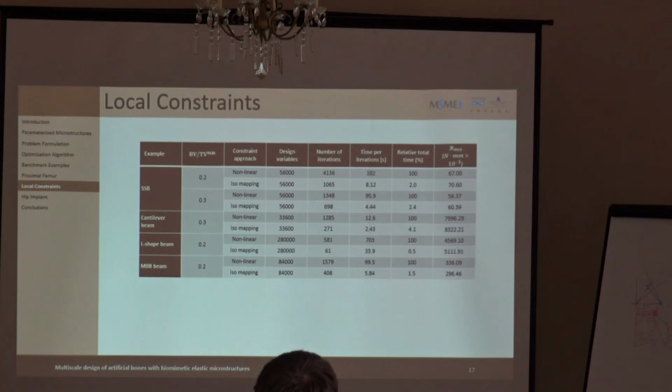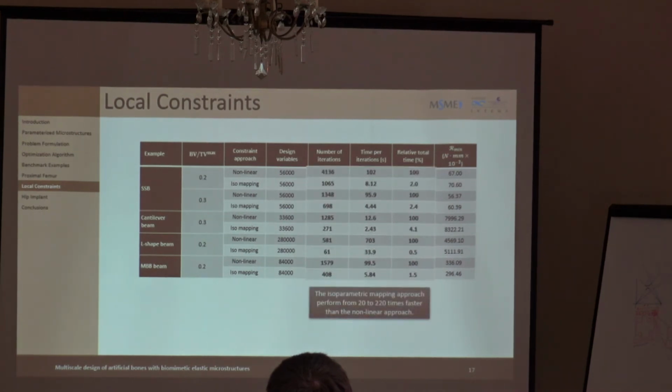We compared the solutions obtained for the nonlinear approach and for this isoparametric mapping that we propose, using the 4 benchmark problems that I showed before. We found that the isoparametric mapping approach performs from 20 times to 220 times faster than the nonlinear approach.